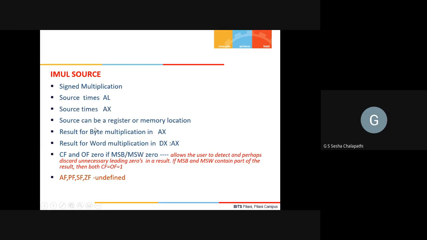The carry flag and overflow flag will be 0 if the MSB or MSW, whichever is the case, is 0. This allows users to detect and perhaps discard the unnecessary leading zeros, which is helpful.